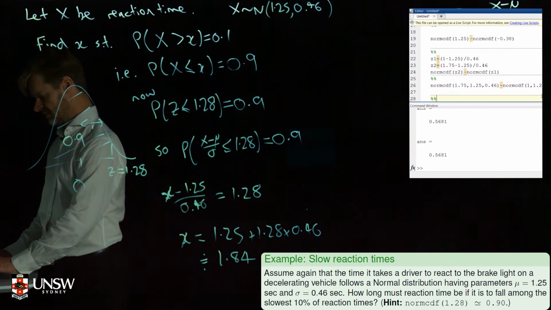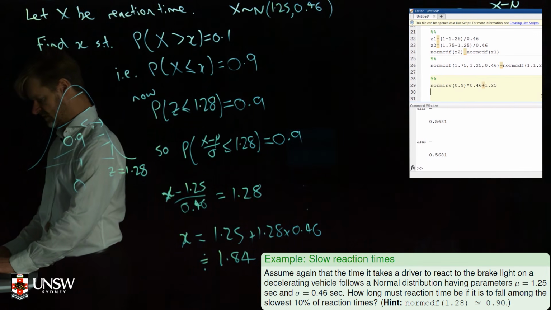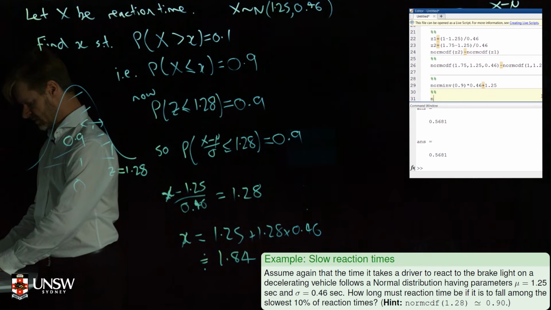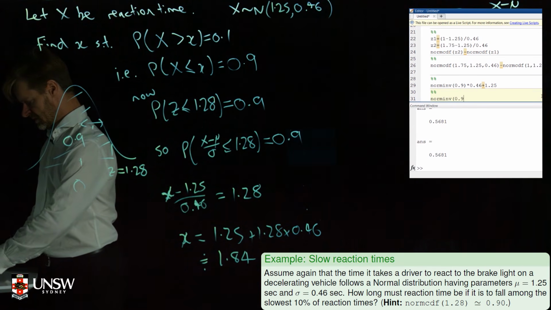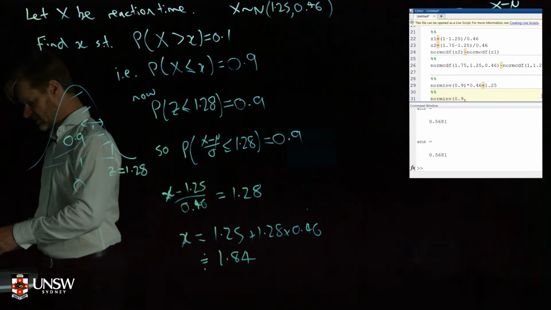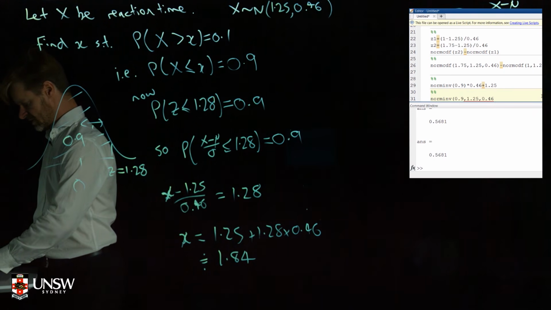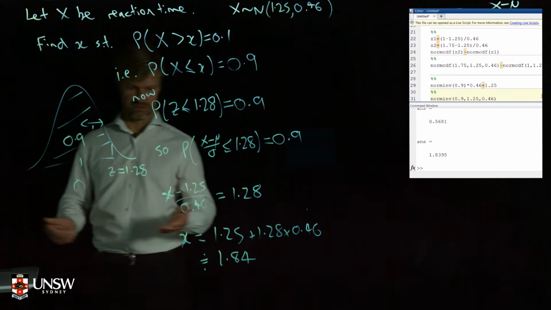That gives us the same answer. And down here, instead of doing things this way, we could have gone, what's norm-inv of 0.9? So what's the 90th percentile of the normal distribution with mean 1.25 and standard deviation 0.46? And we would have got 1.84 again.